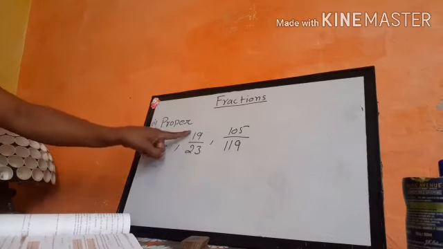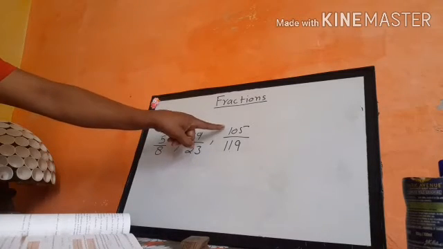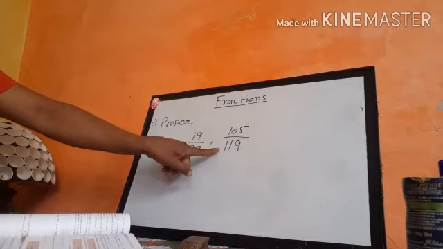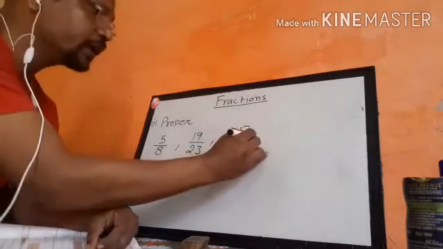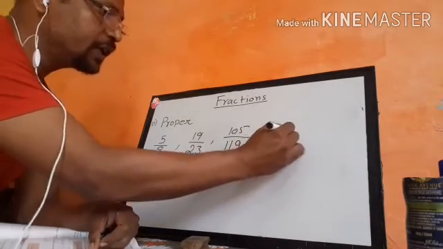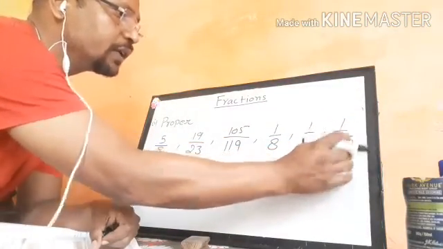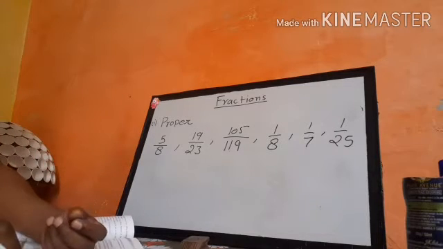Here 19 is smaller than 23, the denominator, and the numerator 105 is smaller than the denominator 119. So these are examples of proper fractions. Also we can write 1 upon 8, 1 upon 7, 1 upon 25. These are also examples of proper fractions.